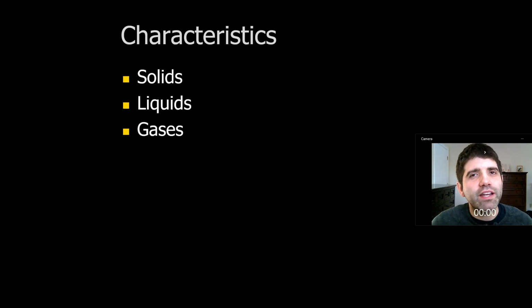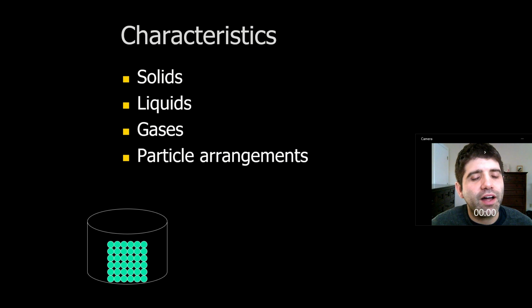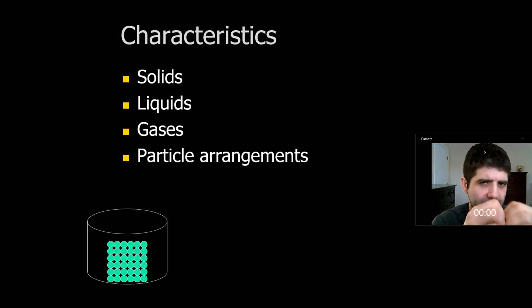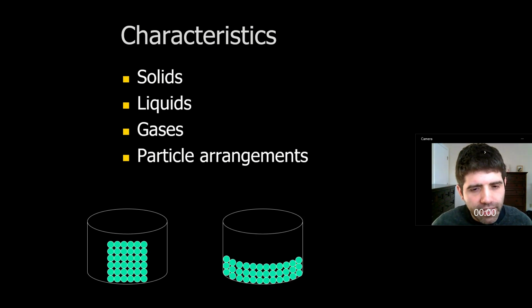So we can explain why they have these different properties if we think about how the particles are arranged down on the atomic scale. On the atomic scale, solid particles are set up in a way that the particles themselves are fixed in space. They can't move past each other, and they're very close together. In the liquid, they're still pretty close together.